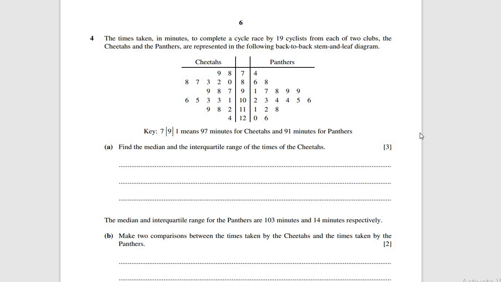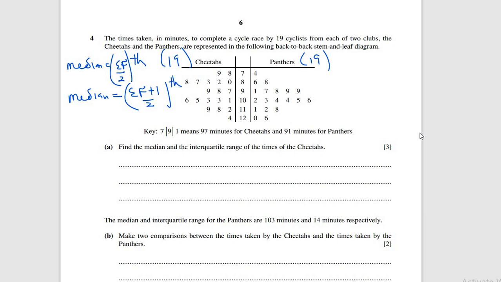So, find the median and interquartile range. Now, according to the question, the total number here is 19, but it said each. So what's the formula for median? In actual sense, median is summation f over 2. But in case where your summation f is an odd number, you're going to change it to summation f plus 1 over 2.